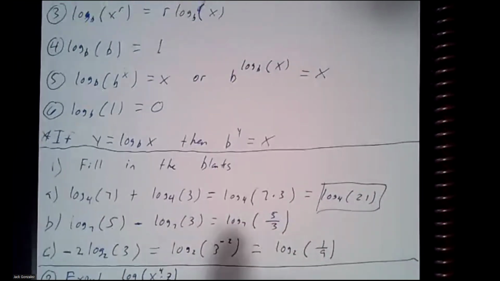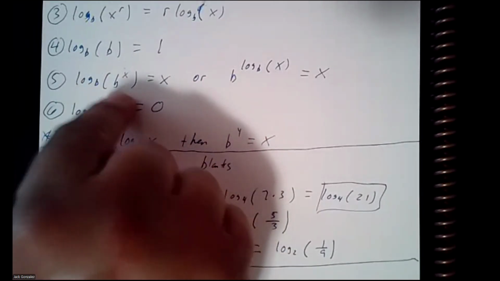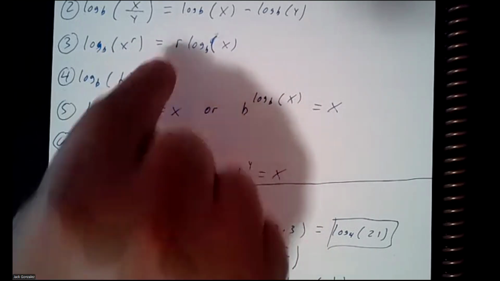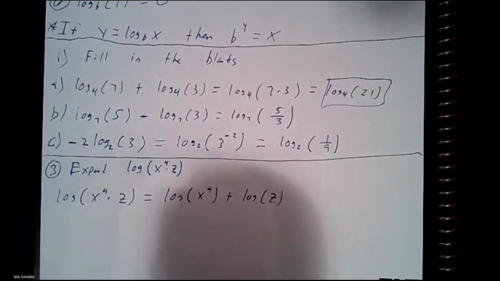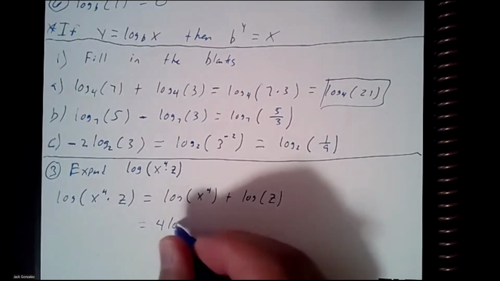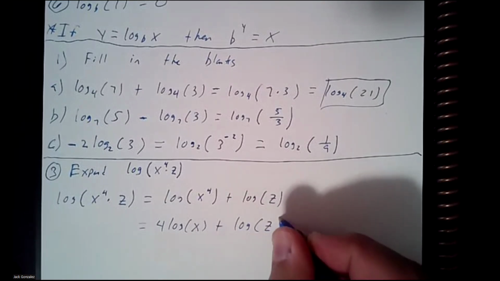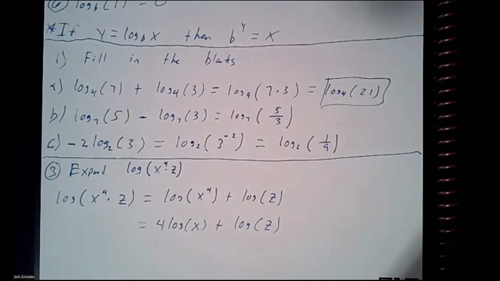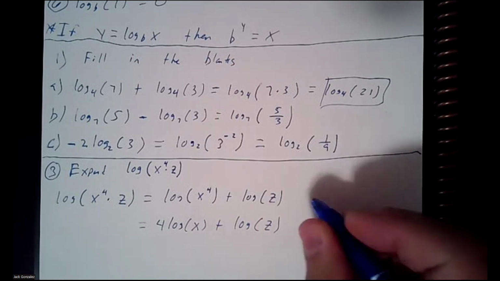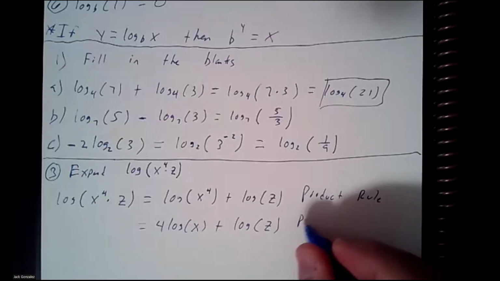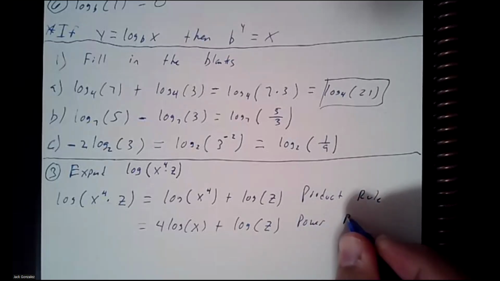So here, if it has a power, oh, not that one, this one, number three, you can bring it down in front. So just bring the power down. That's all you gotta do. So this becomes 4. And that's it. That's as far as we can go. So here we did the product rule. Here we did the power rule.